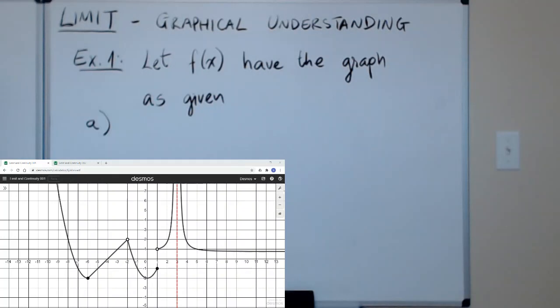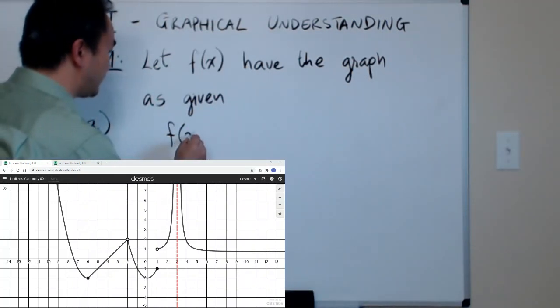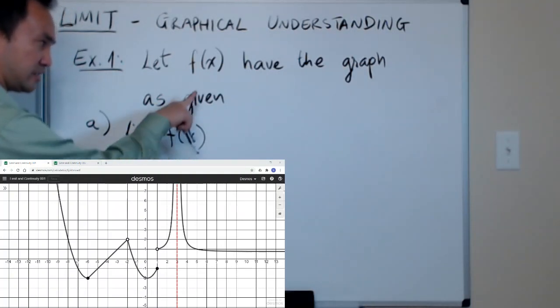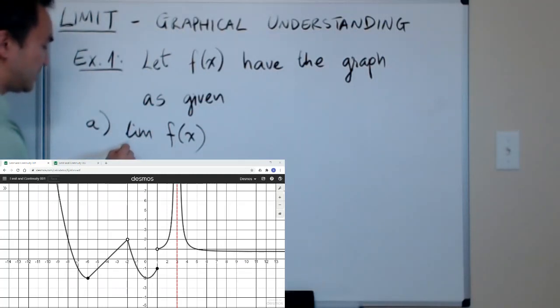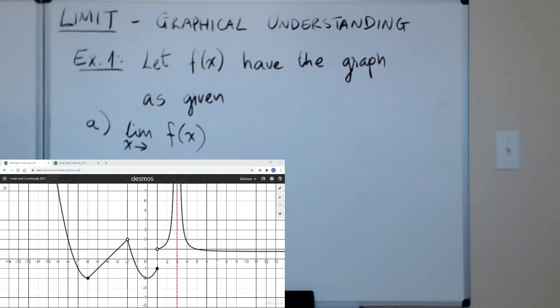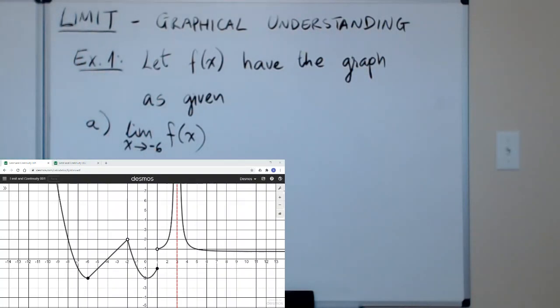So let's say I want to find the limit of this function, f of x, where f of x is simply given to us as the graph there, and you have already seen the graph, and the graph is still here on the screen. Let's find the limit when x is getting close to -6. Okay? And so -6 is our limit point.